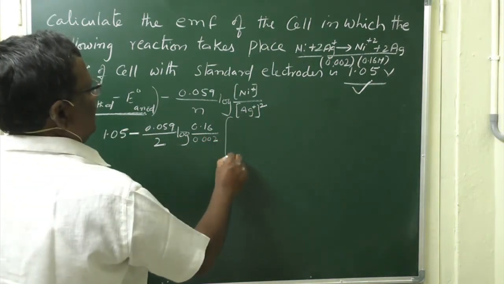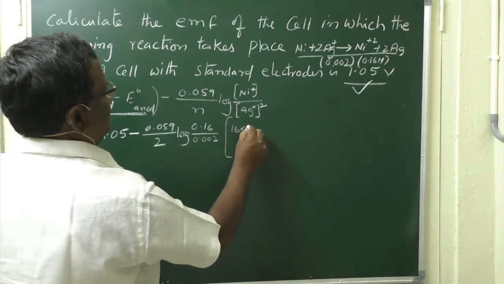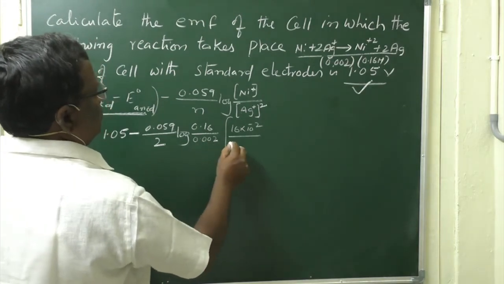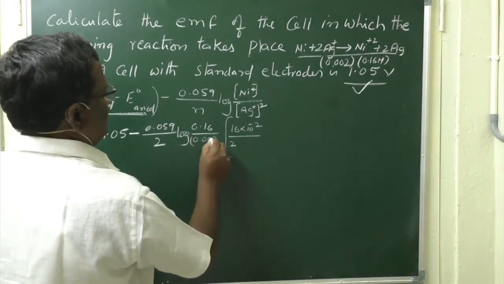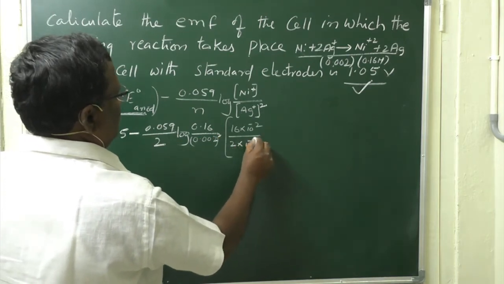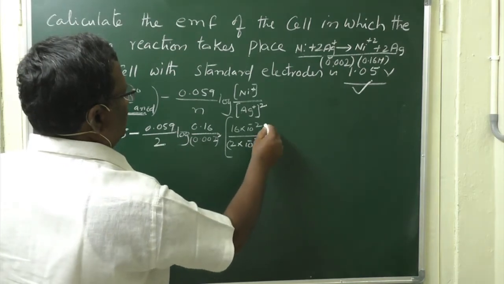Now this can be written like this. This 0.16 can be written as 16 into 10 to the power minus 2, and this 0.002 can be written as 2 into 10 to the power minus 3 whole square.